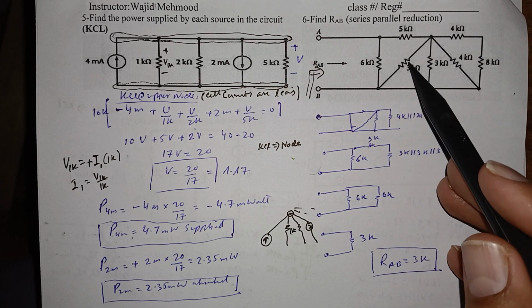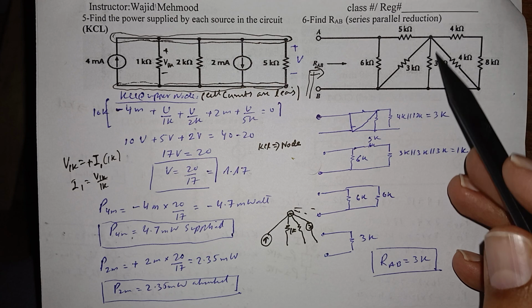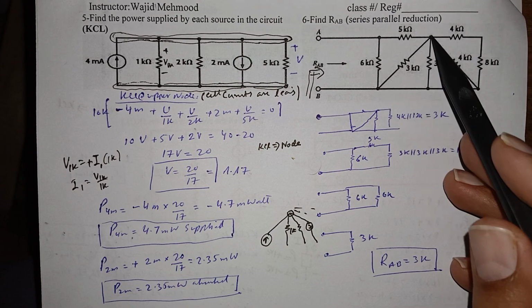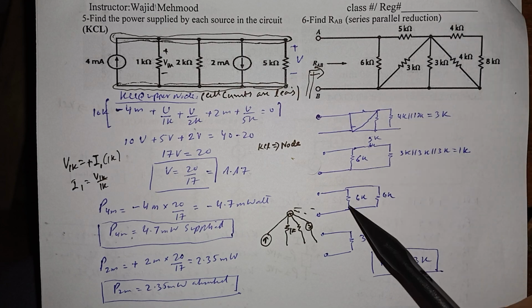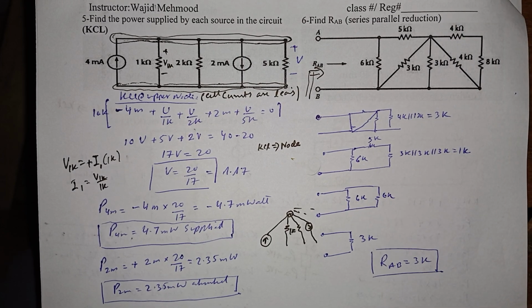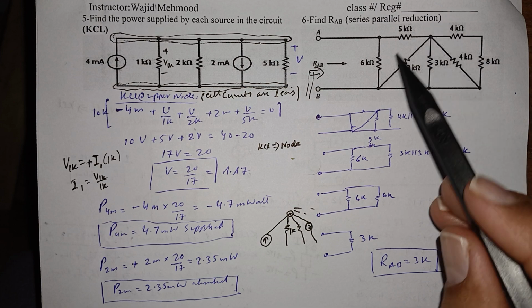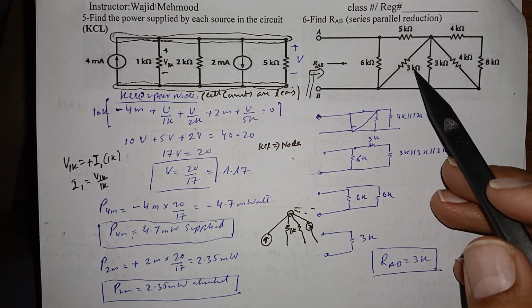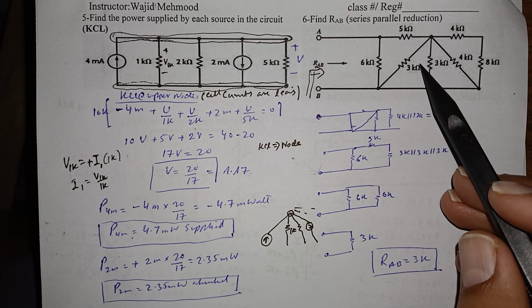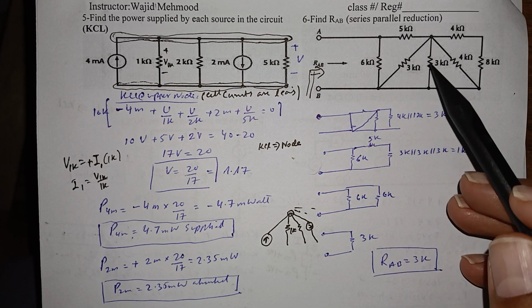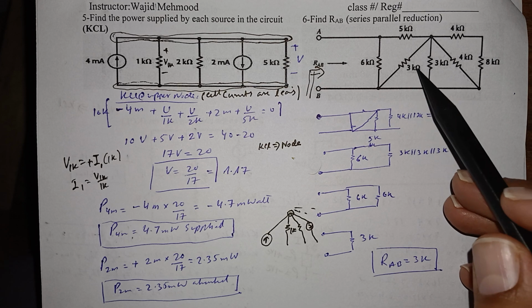But if you want to reduce 3K and 3K, you can do it here because they both are in the same node pair, and the reduction would be between the same two nodes. The idea is that if you reduce a parallel combination, a loop would be gone.